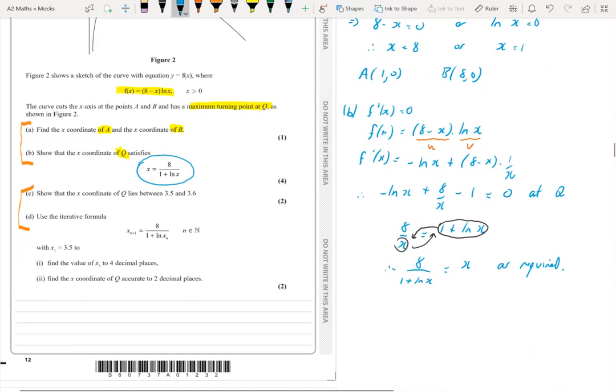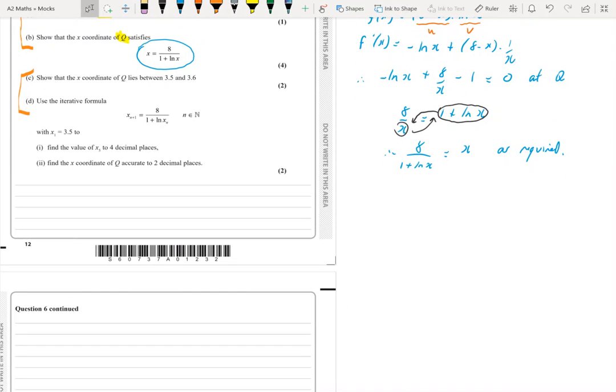So let's scroll down. We're trying to solve x equals 8 over 1 plus ln x. Part C, show that the x-coordinate lies between 3.5 and 3.6. That should trigger your thoughts, change of sign. And if you want to do a change of sign, you need a function that equals 0. So for part C, we need to look for a moment at x minus 8 over 1 plus ln x, because that should equal 0.